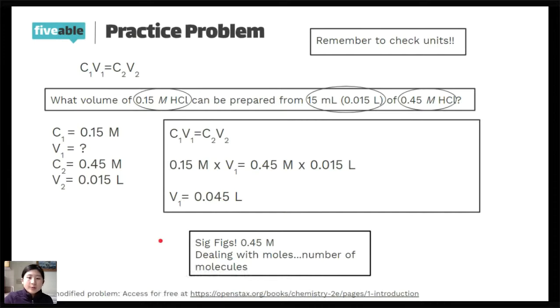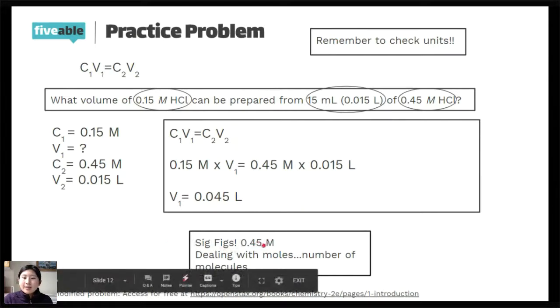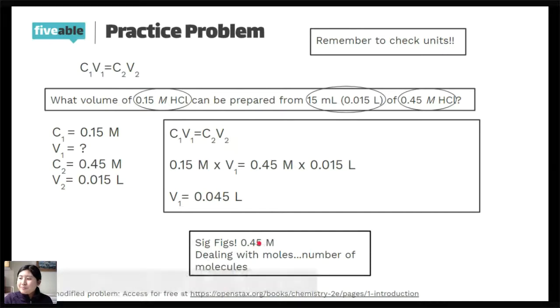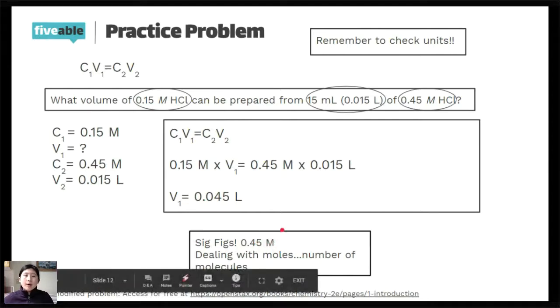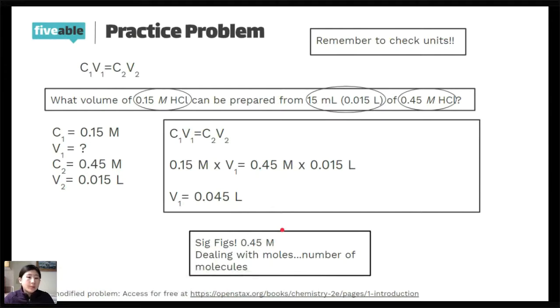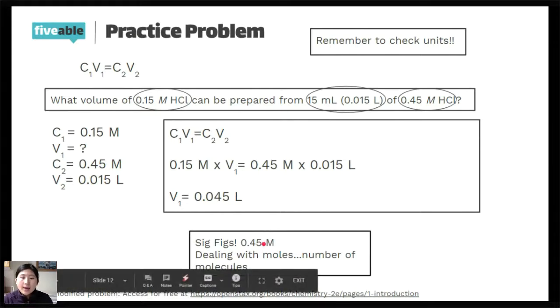When we're dealing with moles or number of molecules, it doesn't really matter if we add another 0 on the end, because it's not like liters or grams, that would be different. When we're talking about an amount of moles, like 1 mole, you can usually assume it's 1.0 moles. So usually it's okay if you add on another 0.